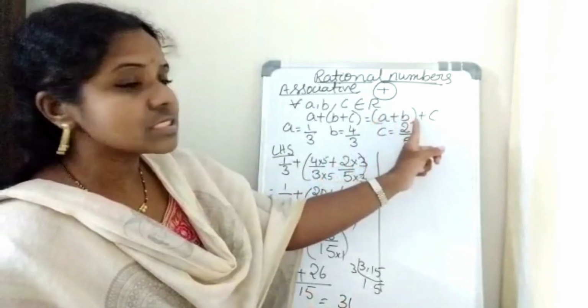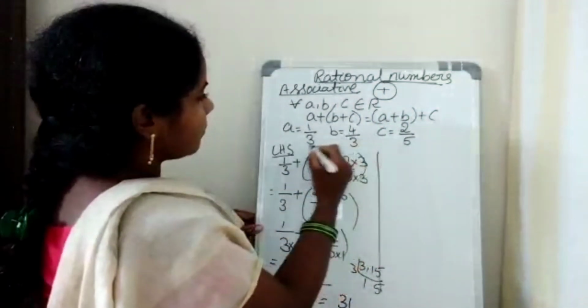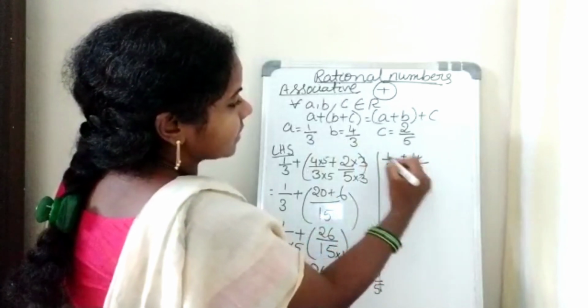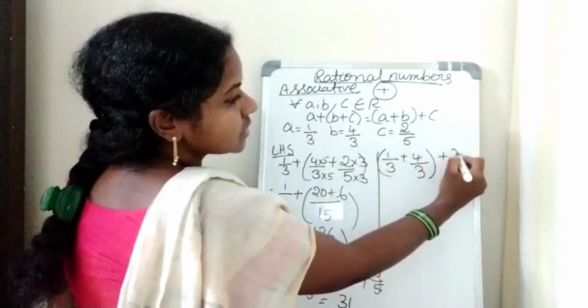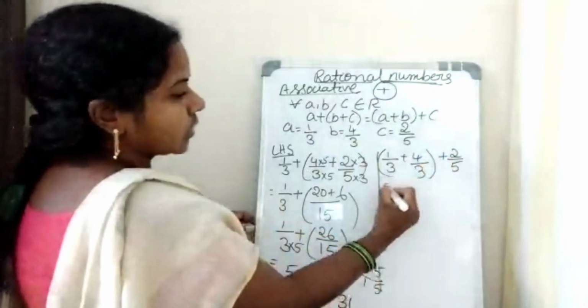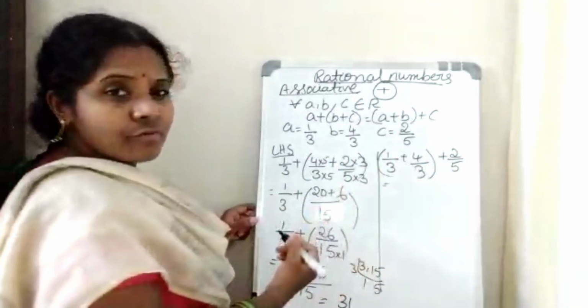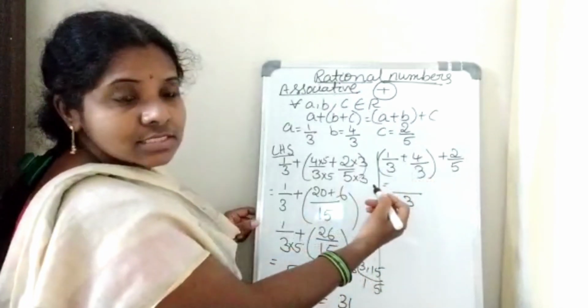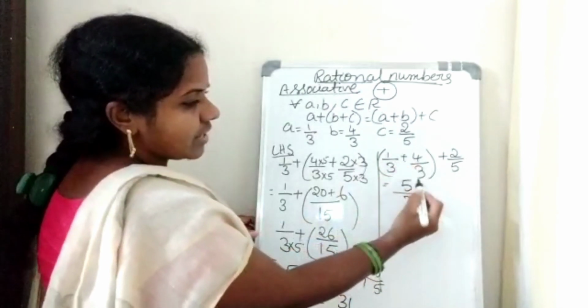RHS first: a + b is one group. So 1/3 + 4/3, plus c, which is 2/5. 1/3 and 4/3, directly add because the denominator is the same: 4 plus 1, 5 by 3.